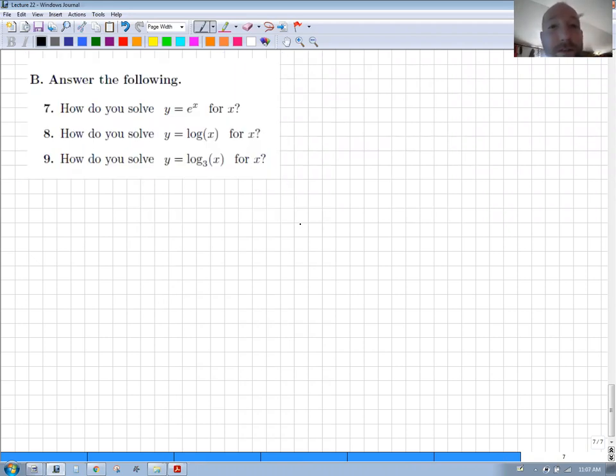All right, number 7, how do you solve y equals e to the x for x? So you start off by taking the natural log of both sides. All right, this one, when they say log here, they really mean log base 10. So if they don't write the base, it's implied that it's log base 10.